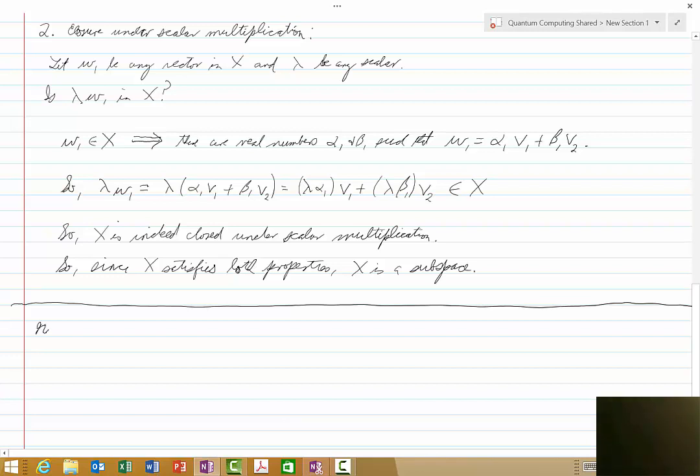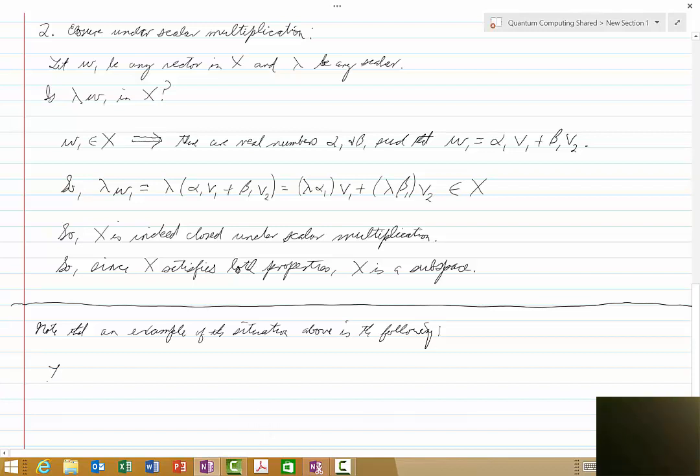Note that an example of the situation above is the following. Now, this is just one example or one illustration of what we were doing in example 1.